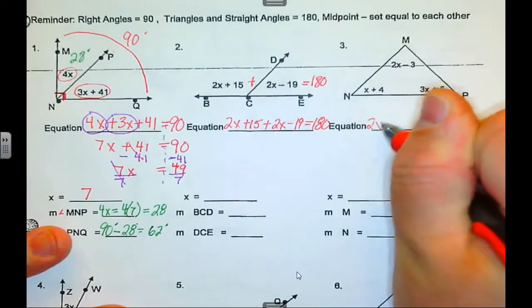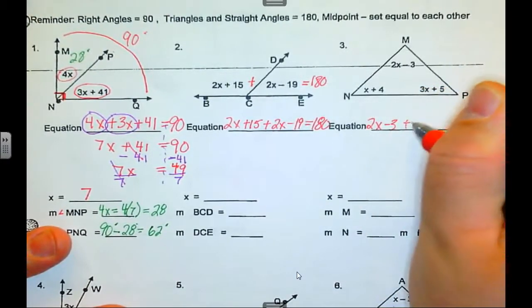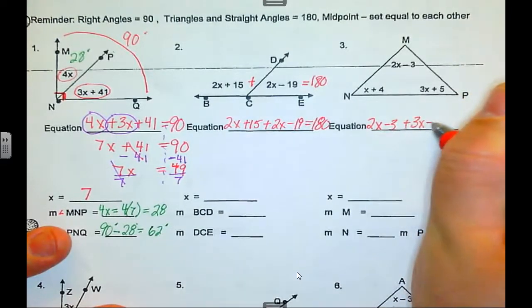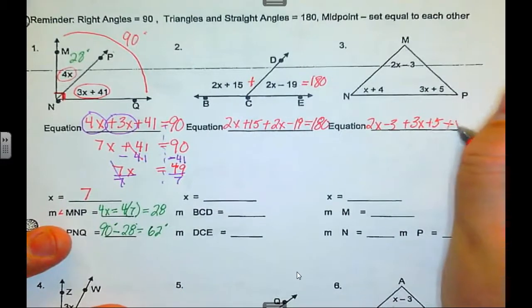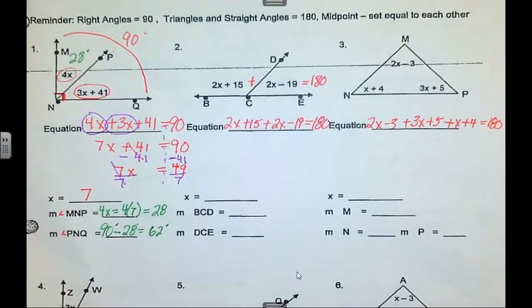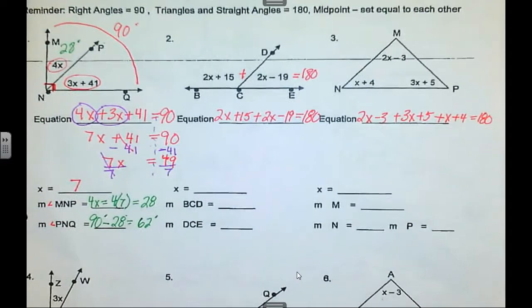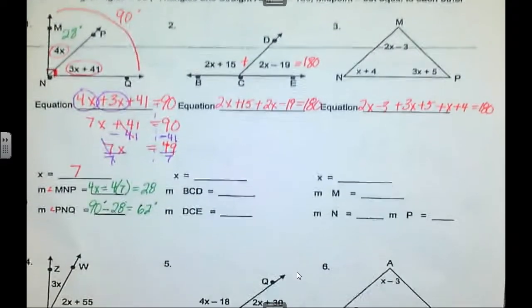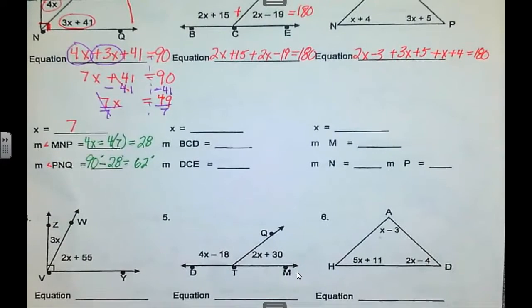So 2x minus 3 plus 3x plus 5 plus x plus 4 is going to equal 180. You guys want me to solve those? I think you can do it.